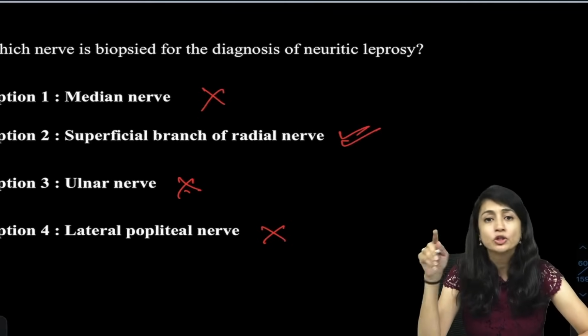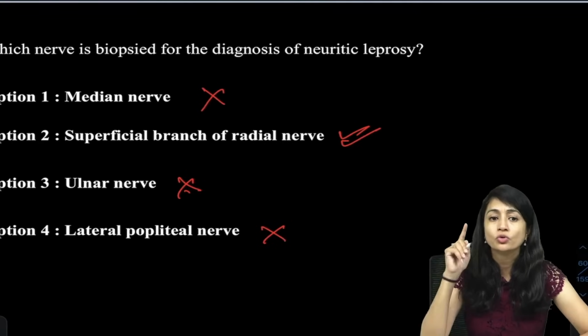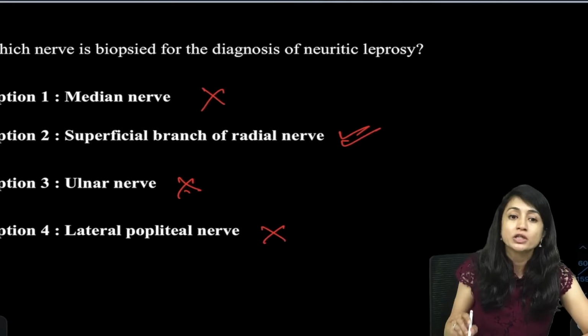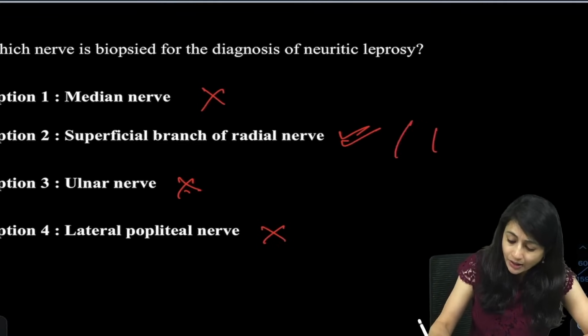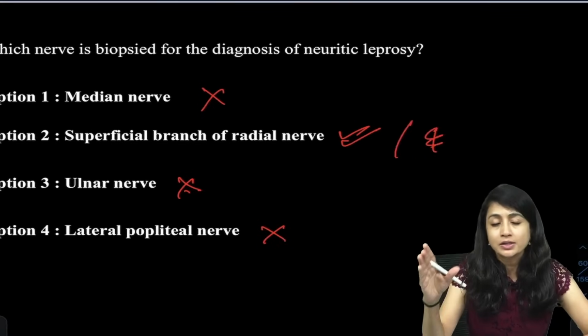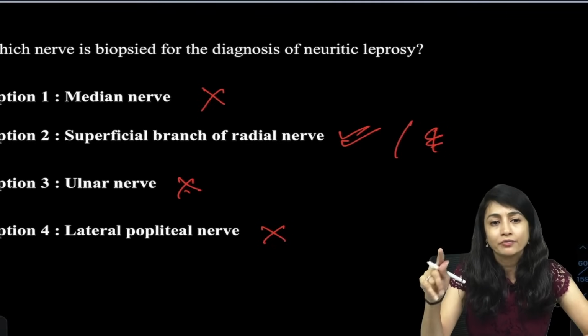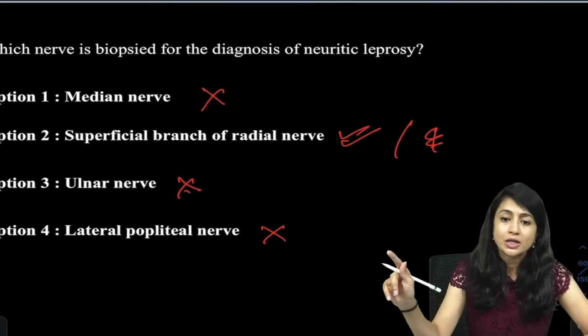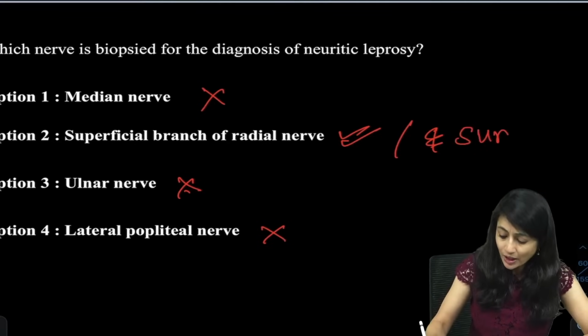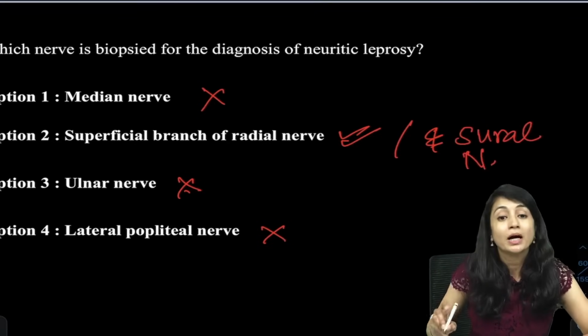Because if you do a biopsy, you do not want motor paralysis. So you do a biopsy from a nerve which is strictly sensory in nature, superficial branch of radial nerve, and so is the answer, because this is one nerve which is sensory in nature. If you do not have this option and you have sural nerve option, you can mark that too.